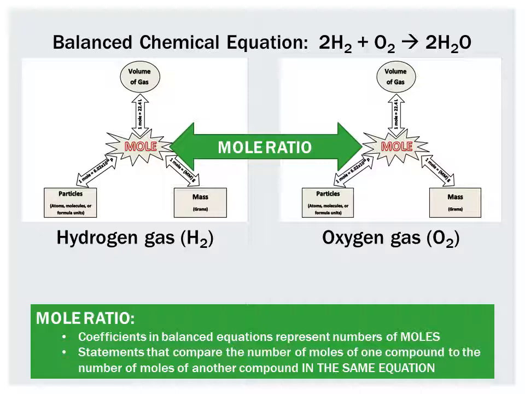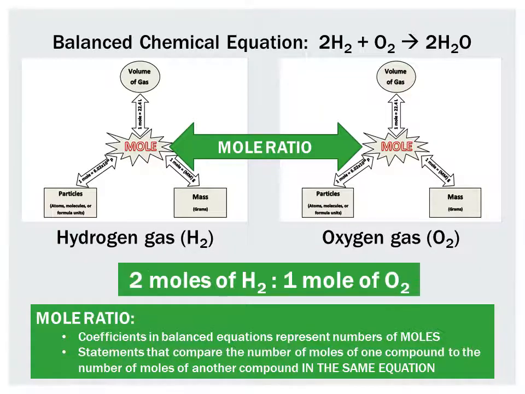A mole ratio is a statement that compares the number of moles of one compound to the number of moles of another compound in the same reaction equation. It's very crucial that this is a balanced equation because we're essentially looking at the coefficients.